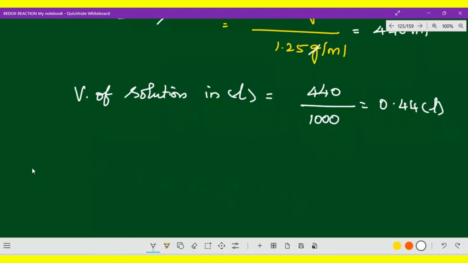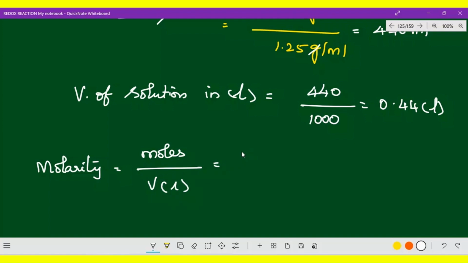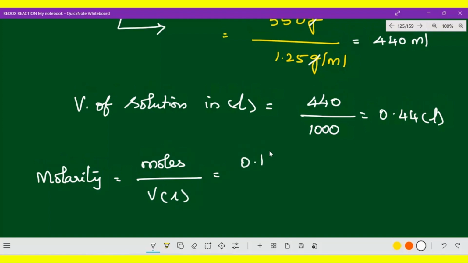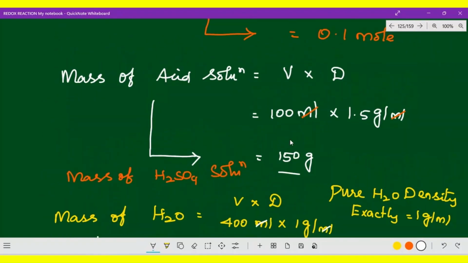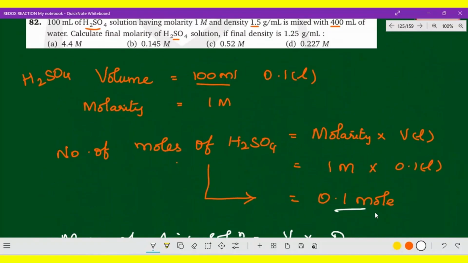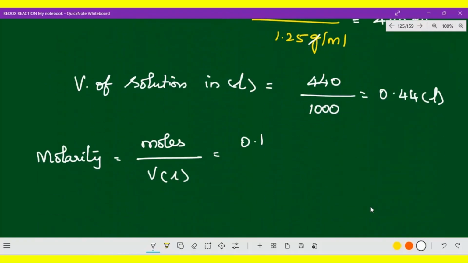What is molarity? It is the number of moles by volume in liter. Now the moles, how much? It is 0.1 mole, the number of moles we found at the start. That number of moles divided by the volume of solution in liter, which is 0.44 liter.